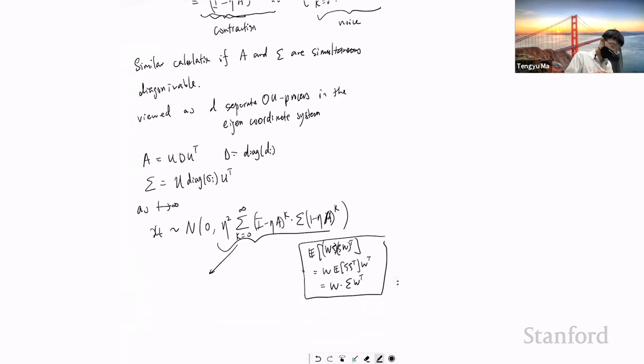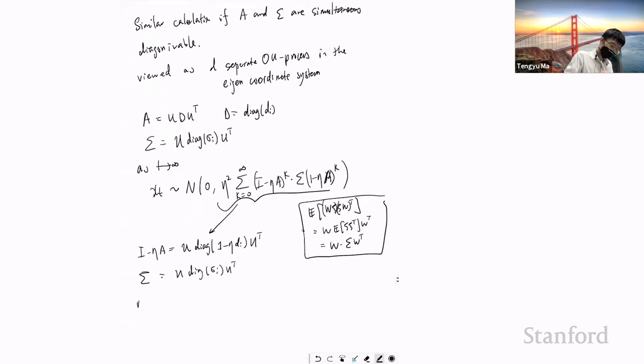If you have the eigendecomposition, then I minus eta A is U times diag(1 minus eta d_i) times U transpose, and Σ is U diag(σ_i) U transpose, and then you can compute this sum. Look at the k-th power: the U and U transpose get cancelled if you have the sequence of these.